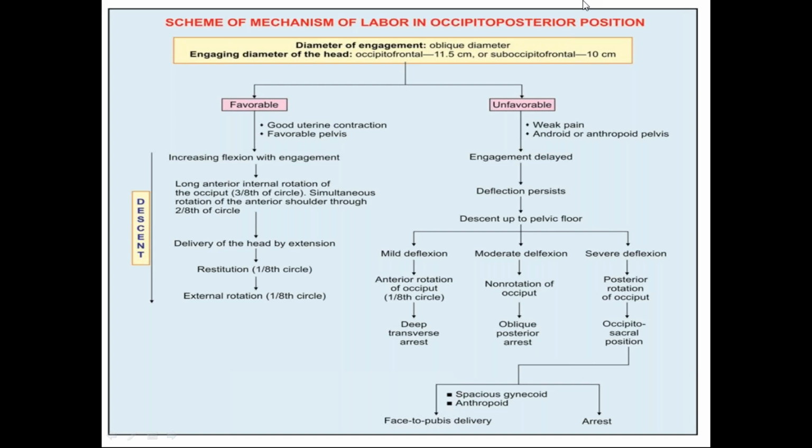In moderate deflexion, there is non-rotation, oblique arrest, deep transverse arrest. Again, in severe deflexion, not flexion, the occiput goes toward the sacrum side and face to pubis, and delivery will be there.